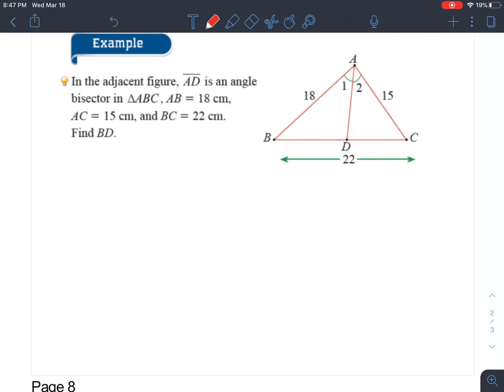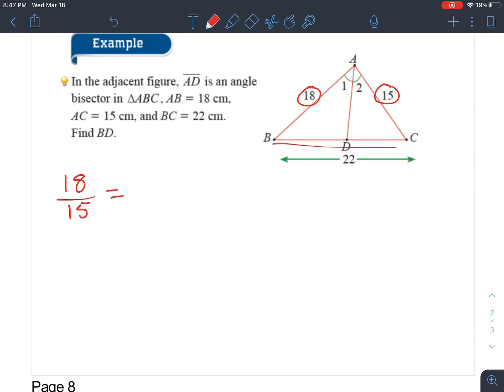All right, in this question, we are told that AD is an angle bisector, and then we know AB is 18, AC is 15, and BC is 22, and what we're trying to do is find BD. So we know that this side and this side are supposed to pair together according to the theorem that we had before, and BD and DC are supposed to go together as a fraction as well.